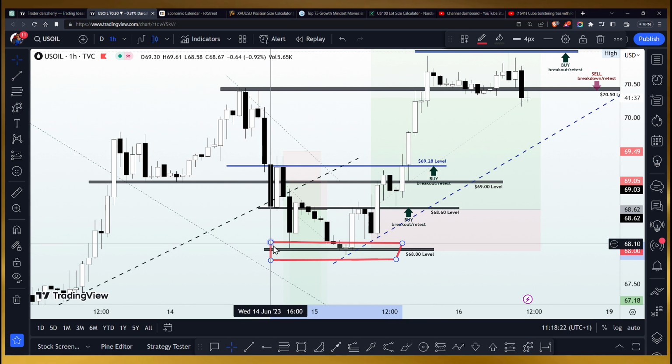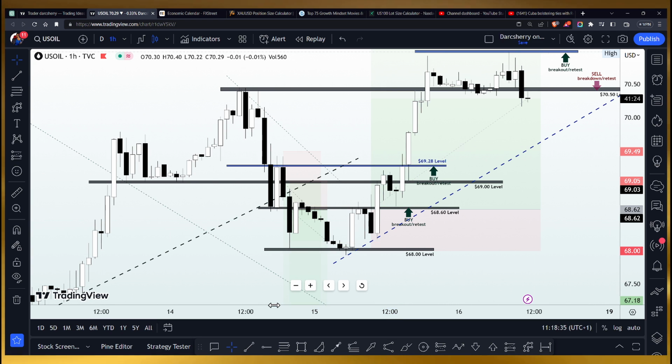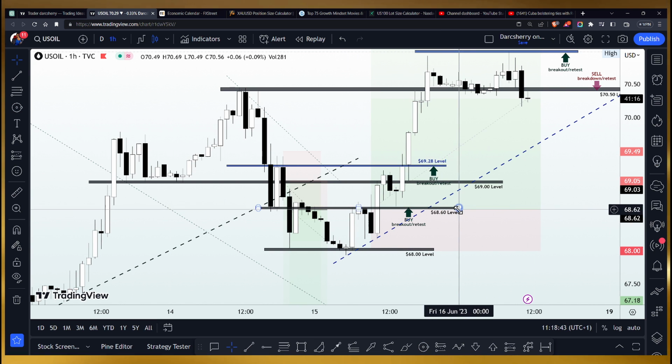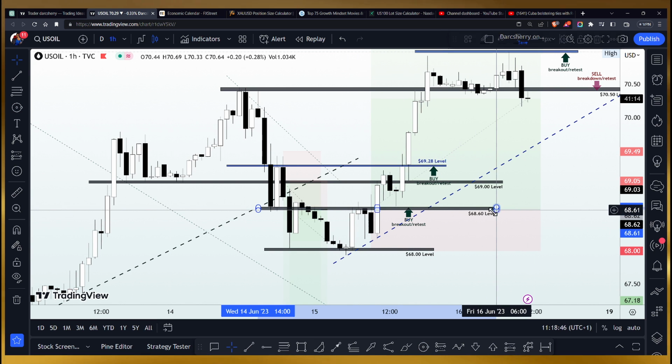So every attempt by the sellers to break through that structure throughout the early hours of yesterday was negated by the buyers. And when we observed this during the live session yesterday, we agreed that we are going to be looking out for buying opportunity if price action breaks out and retests the $68.60 level, which is serving as the platform upon which we want to be buying yesterday.